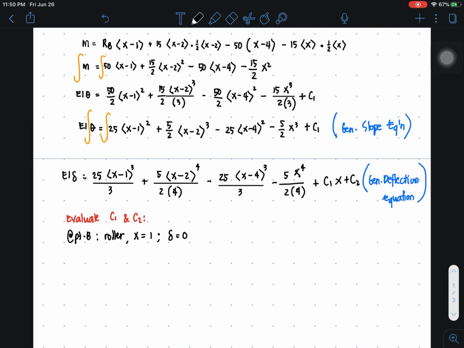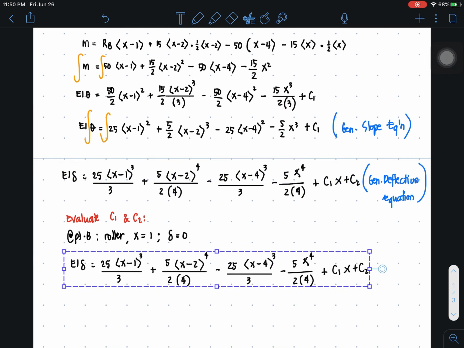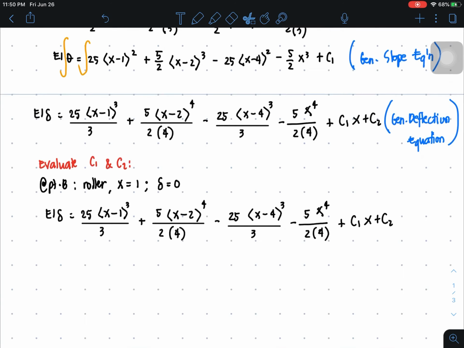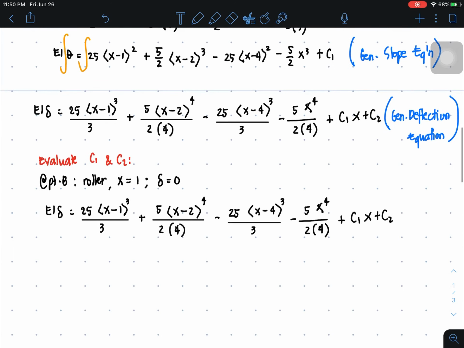So since we're using deflection equal to 0, then we're going to use the deflection equation, this one. And by that, let's copy, paste it here, or in your case, you're going to rewrite everything, and then you're going to substitute the values of x equal to 1 and deflection equal to 0.